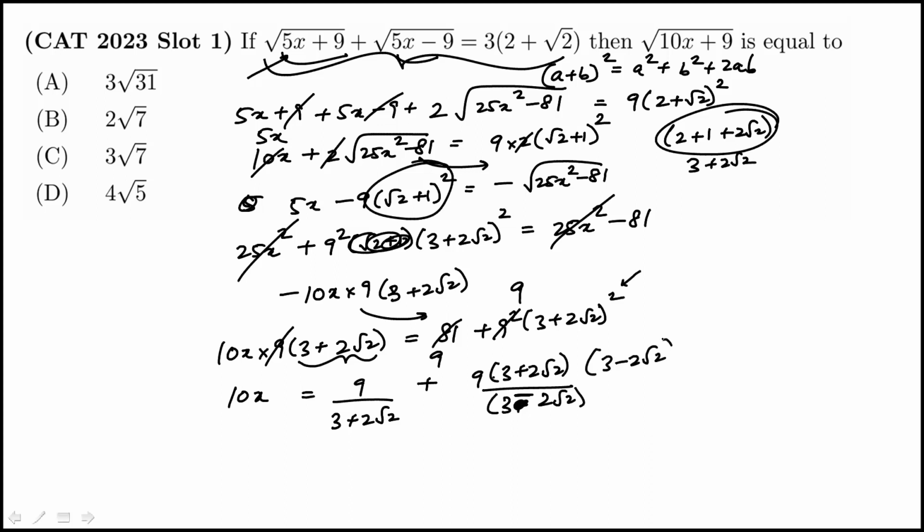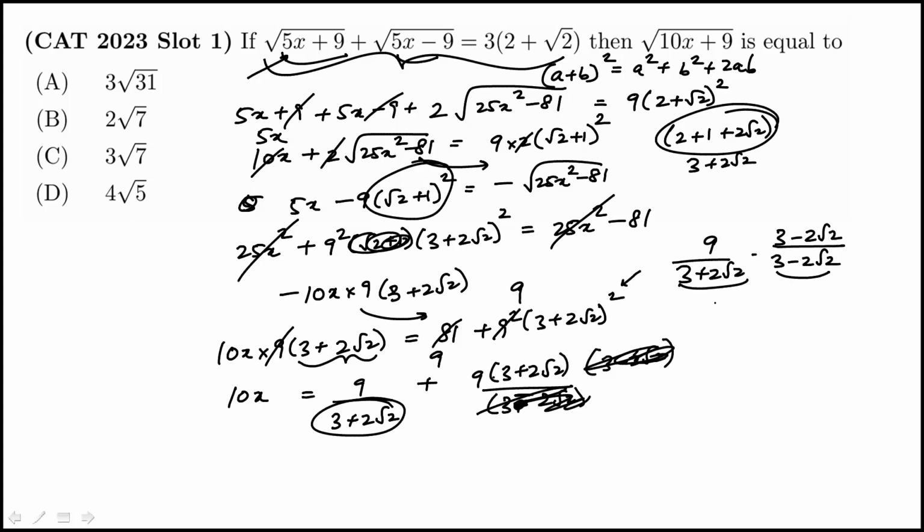Multiply and divide. Actually, you know what? No, I'm making a mistake. I need to rationalize this guy. I don't want to be introducing denominators here. So 9 over 3 plus 2 root 2. And so you'll notice this is again difference of squares, 9 minus 8, because 2 root 2 squared is 8. So the denominator becomes 1.